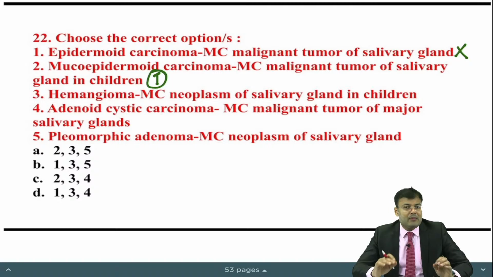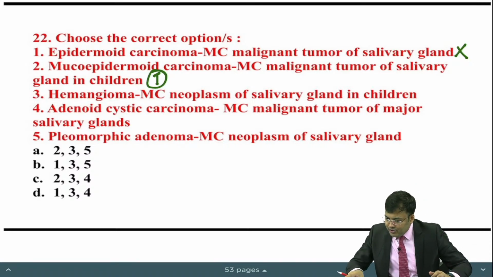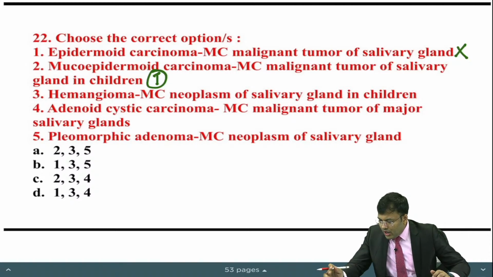Now you tell me about option 3. Hemangioma is the most common neoplasm of salivary gland in children. Is this correct or incorrect? I am waiting for your reply. Swati is saying false.